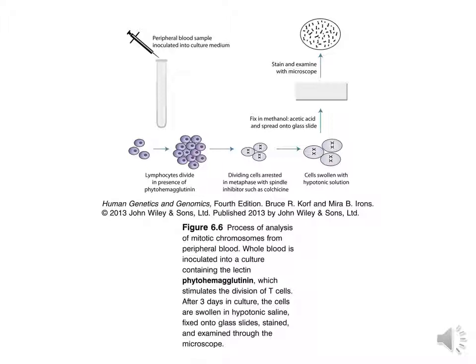Soon after the introduction of the hypotonic treatment, the correct number of 46 was determined. The use of peripheral blood cultures greatly simplified the collection of dividing cells for analysis. In 1959, the first human chromosome abnormality, trisomy 21, Down syndrome, was described.